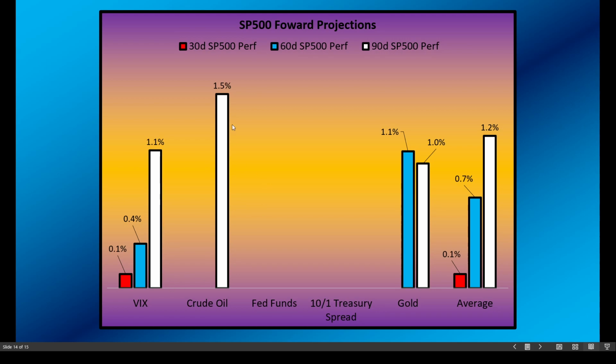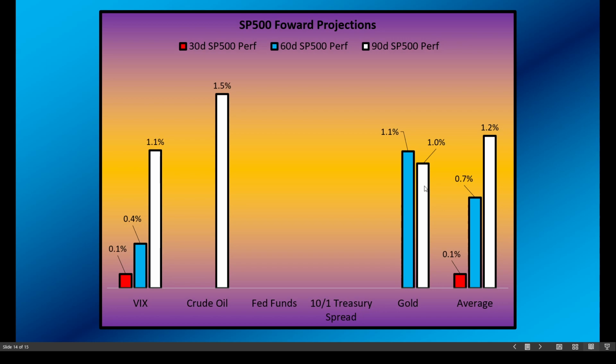Crude oil suggests that the stock market over the next 90 days would be up 1.5%, negligible on the 30 and 60-day levels. Given the federal funds rate has been flat and the 10-1 Treasury spread has been very quiet, no indication. Based on gold, the 60-day forecast is around 1.1% to the upside, 90-day about 1%.